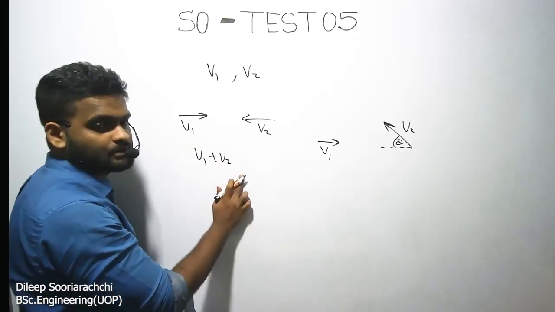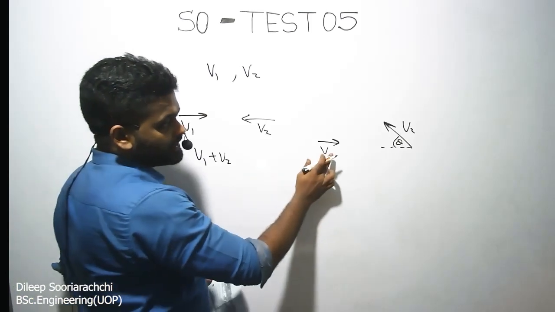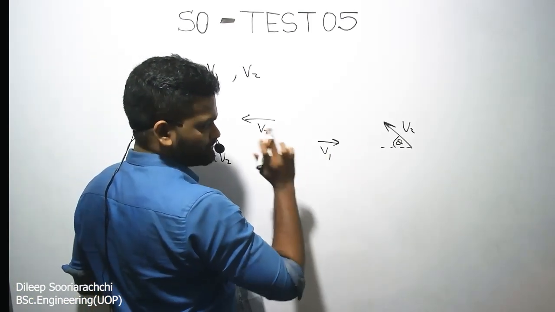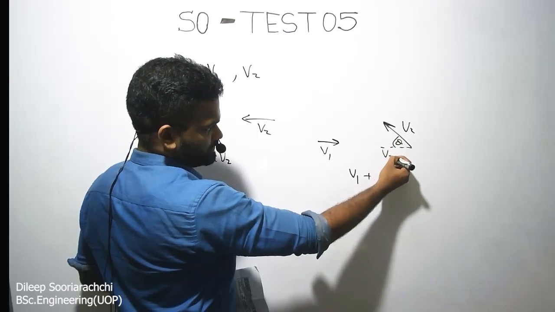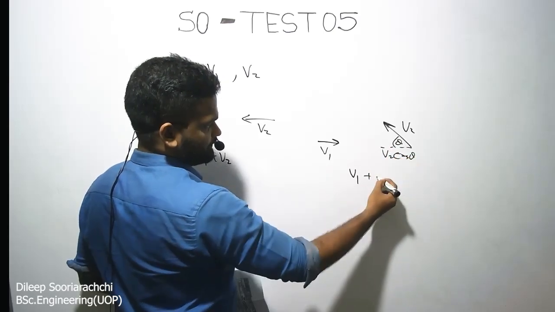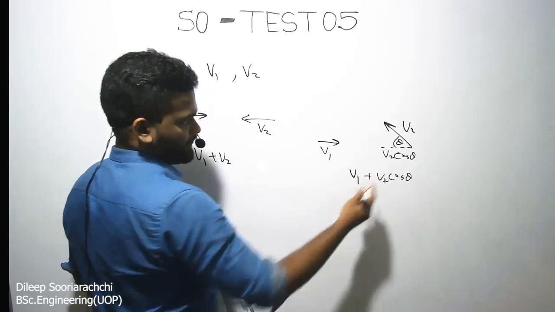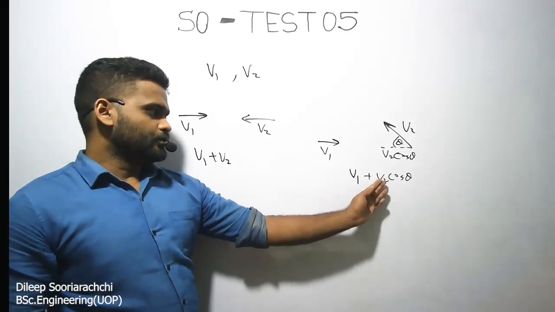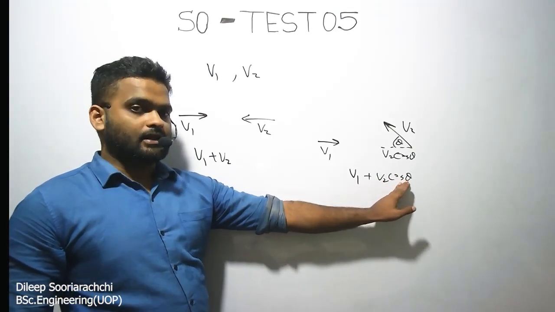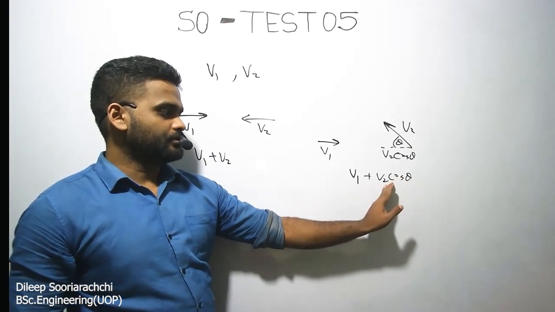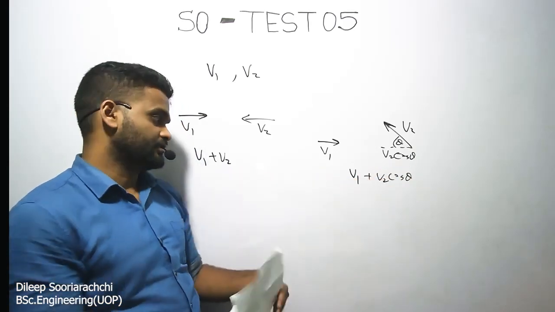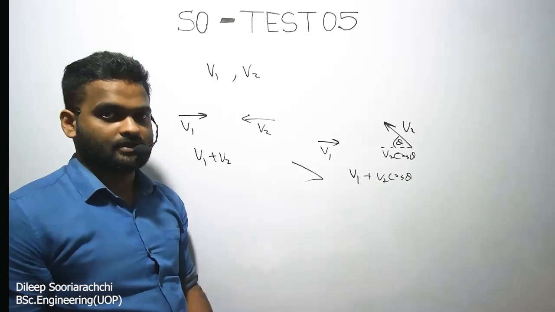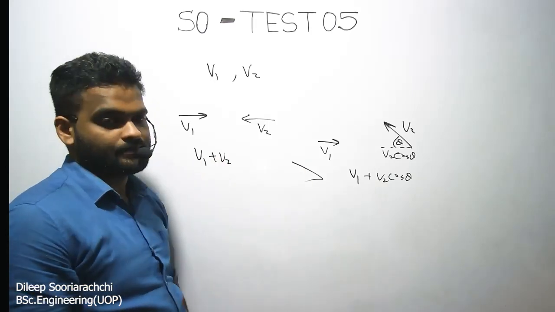So that is going to be the maximum velocity. If you think about this one, you need to take the component to this side, v2 cos theta. You know that cos theta is less than 1, right? So when you multiply that by v2, you get a smaller value than v2. So this is less. Okay. So this is the maximum velocity.